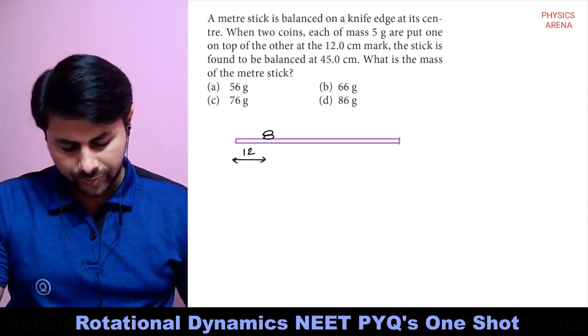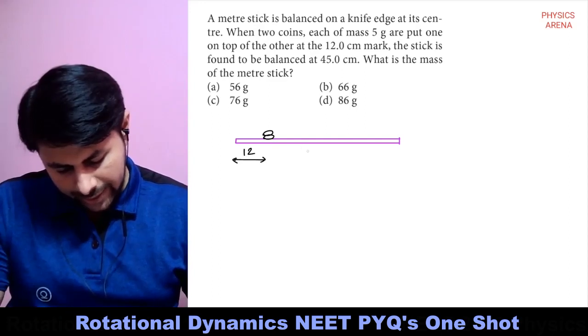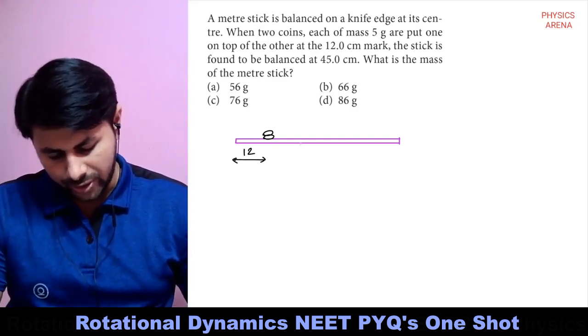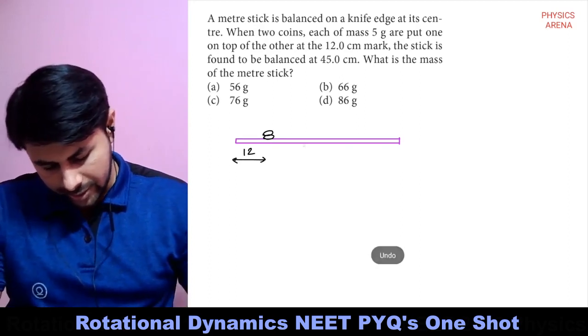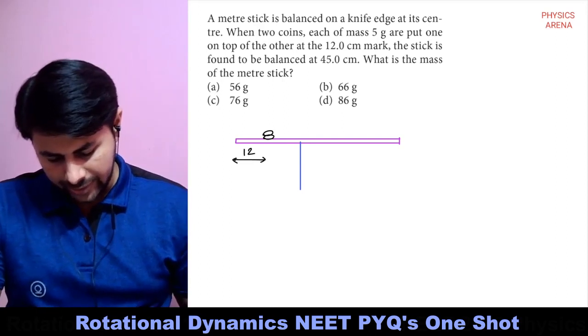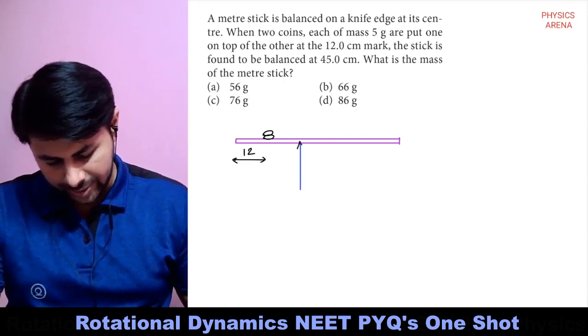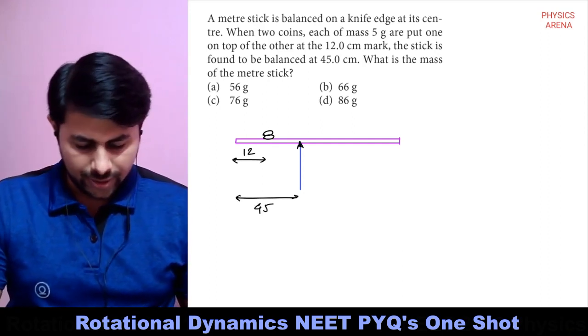So if you do so, you can balance this meter scale at, they are saying, 45 centimeters. Let's use a different color. So this much distance is 45 centimeters, right?